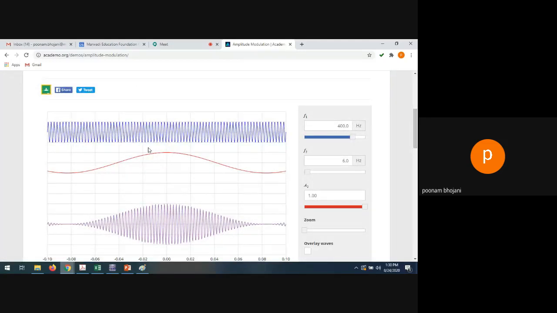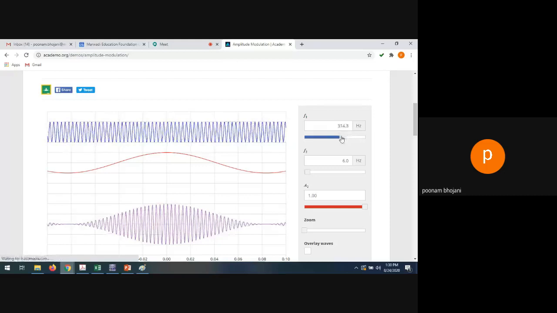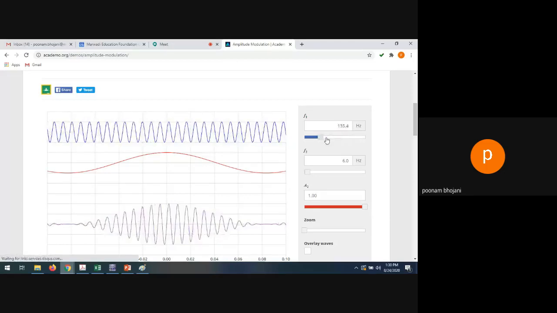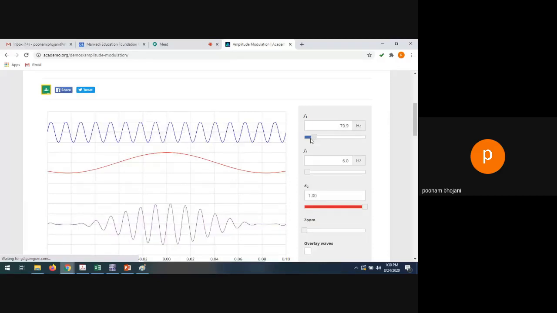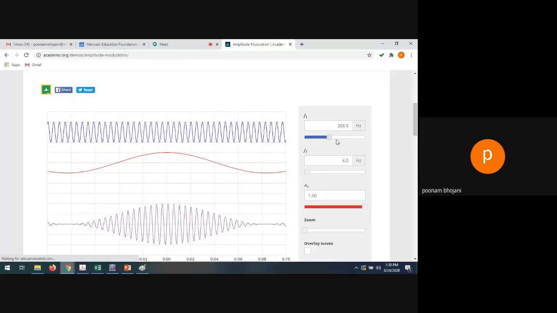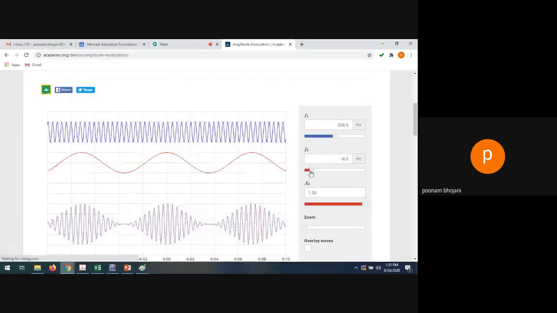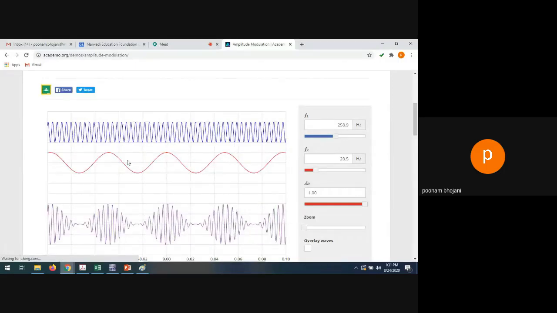The carrier signal is of very high frequency, and the message signal is of very low frequency. You can decrease or increase the carrier frequency as much as you want by changing it here. You can change the message signal frequency also by changing this one.